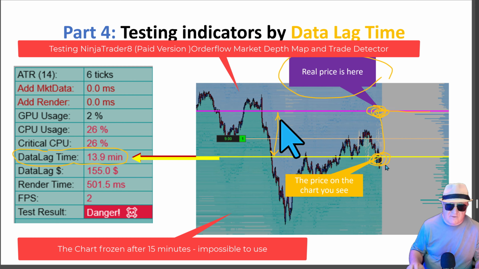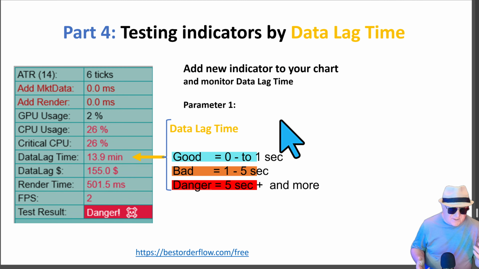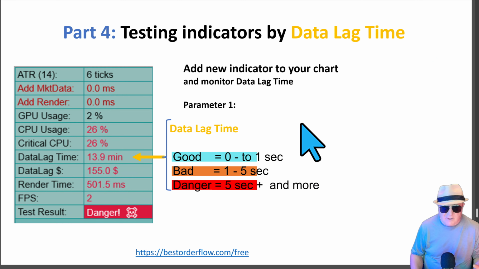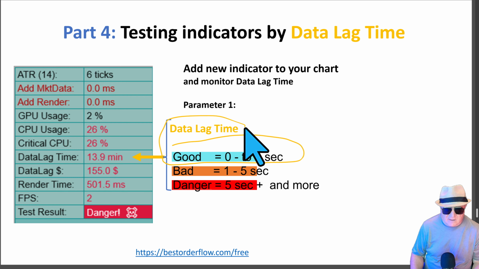So, this is the first test. We're testing a new indicator by seeing the difference in data log time, while the indicators should run for 10, 15, maybe half an hour. Here is a formula for data log time. You can see that if it is below 1 second, the data log time, which is reflected right over here, then it is good and we can trade and we can use those indicators for trading.